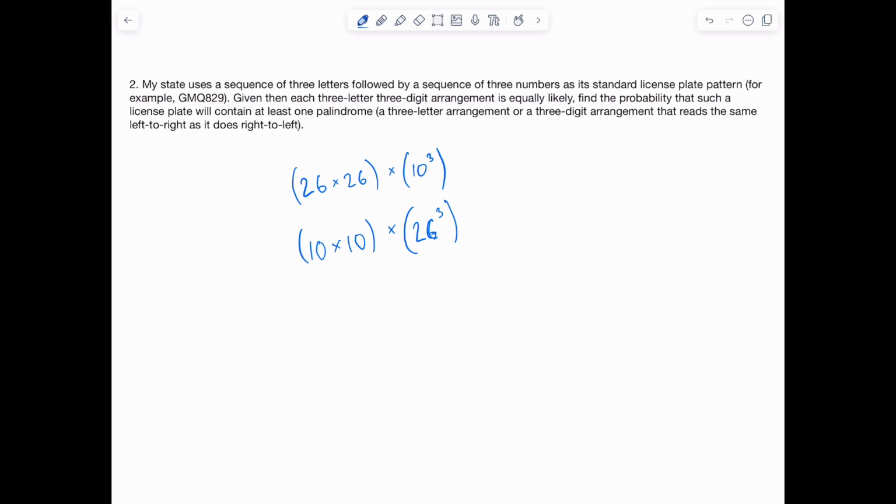So what we have to do now is subtract off the cases in which there is a palindrome for both, which is the case where we have 10 times 10 for the numbers, 10 squared, times 26 times 26 for the letters, 26 squared.